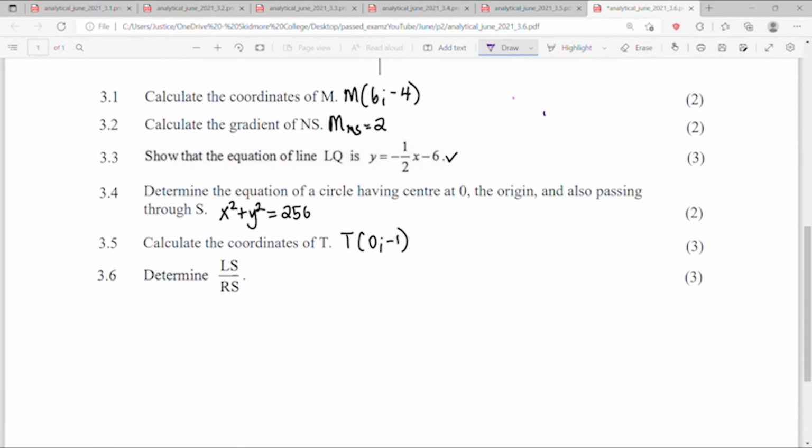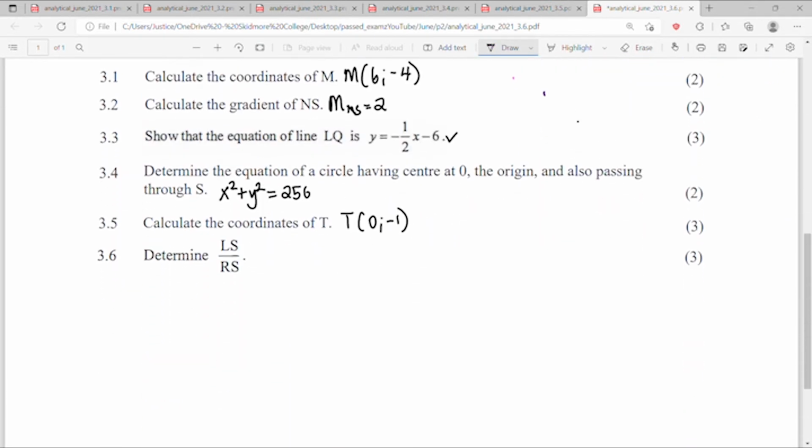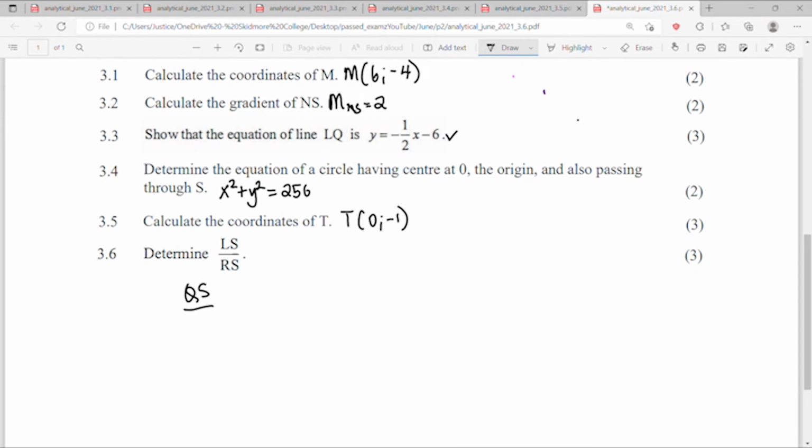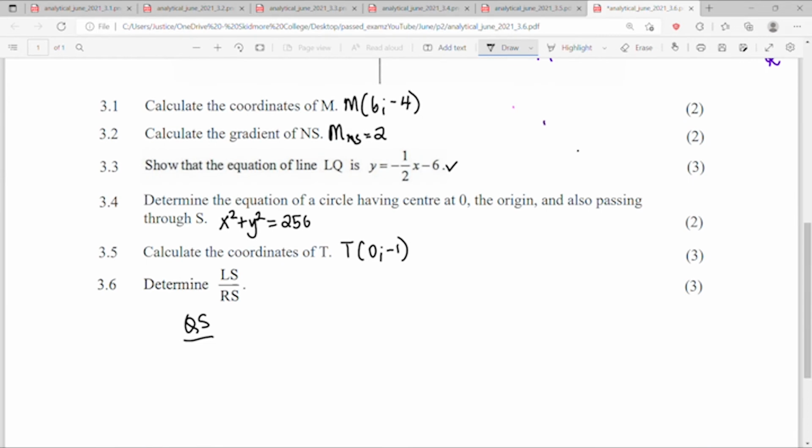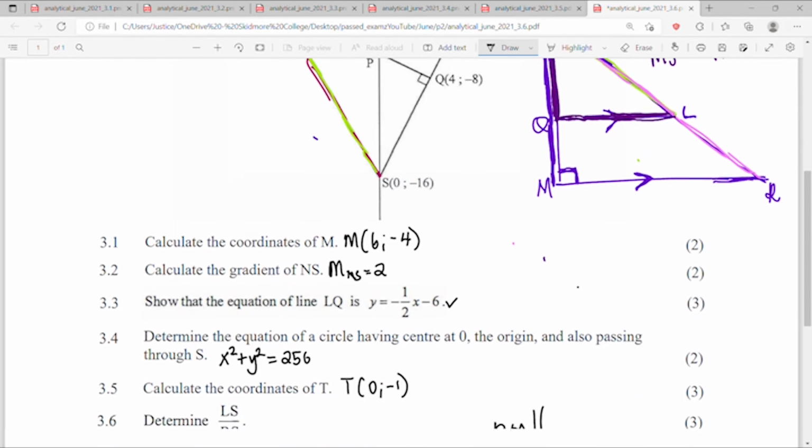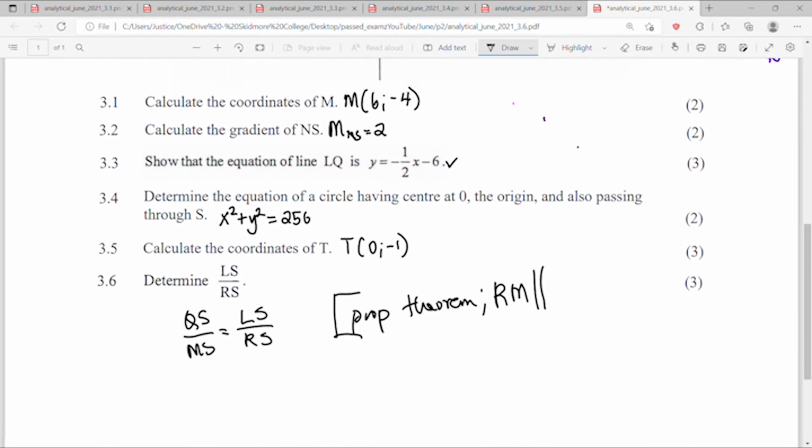First you're going to tell them that QS over MS is equal to LS over RS, and our reasoning here is the proportionality theorem, because you told us that RM is parallel to LQ.